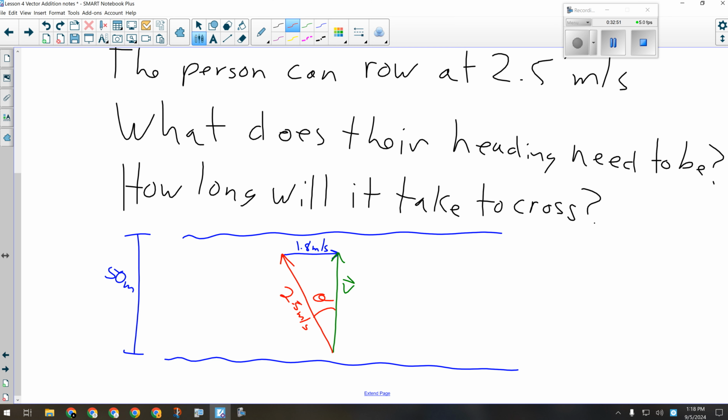So I'm going to use a different trig function here. To find theta, I'm going to go sine to the minus 1 of 1.8 divided by 2.5.